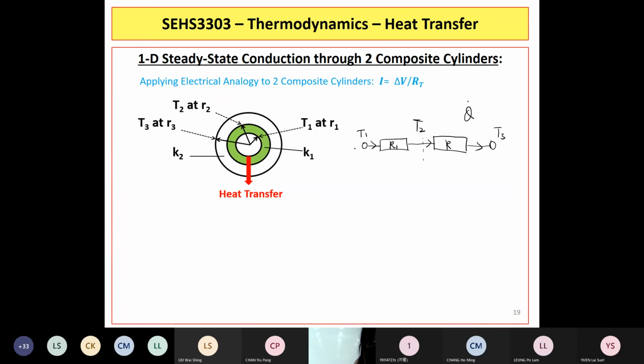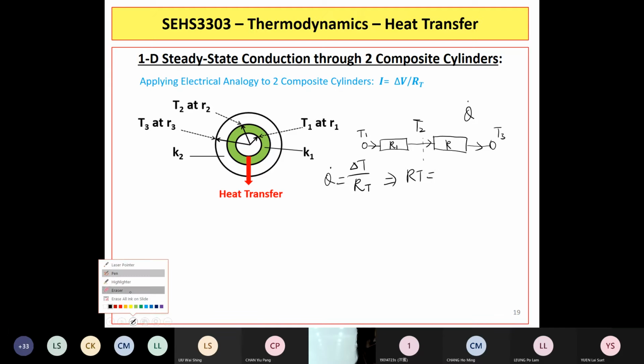And so if we use RT, RT equals what? RT, the total thermal resistor.